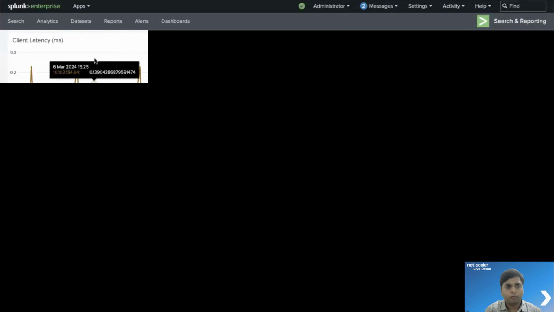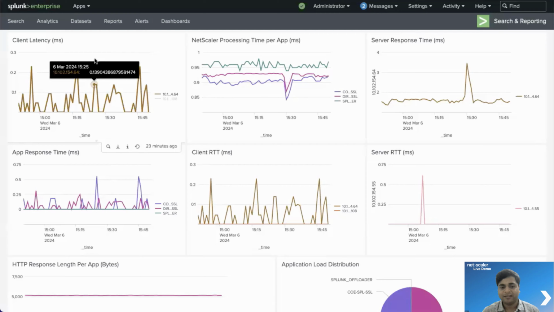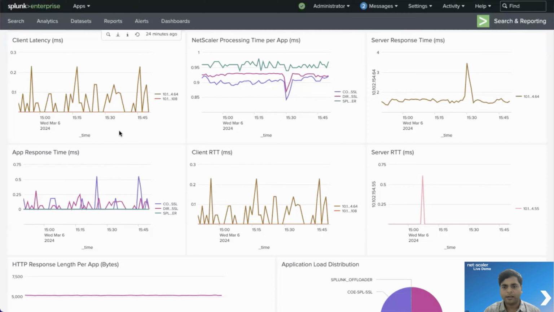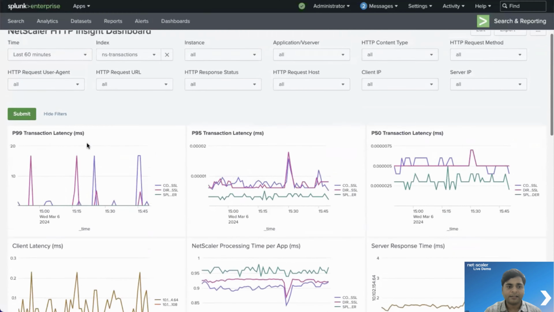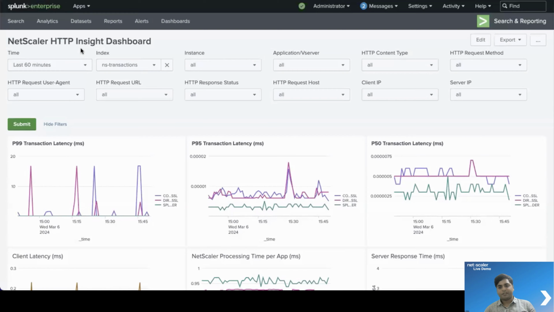So let me just go to the first dashboard. This is the Splunk dashboard where you can see I have hosted this Splunk on my server, and this is my NetScaler, which is connected to the Splunk. And as I was mentioning, the first use case is latency.